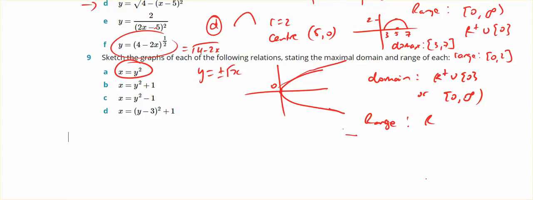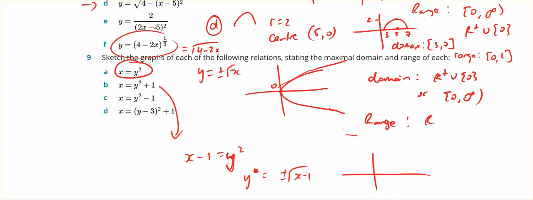Okay. With these other ones, it's just a rearrangement of these. So if you rearrange this, you can go x minus 1 equals y squared, so y equals plus or minus square root of x minus 1. So you've got 2 graphs happening here.